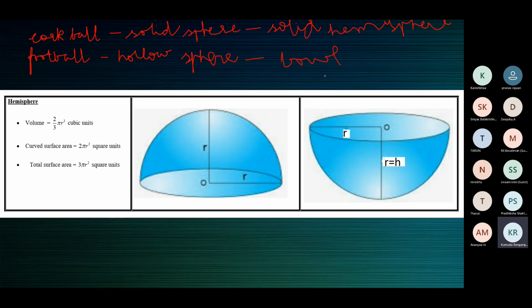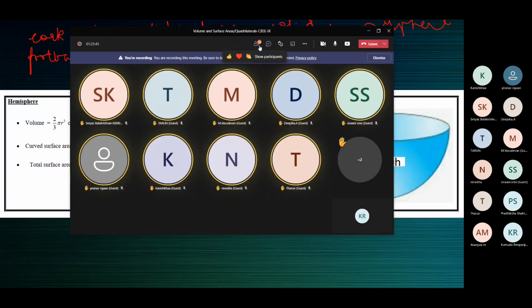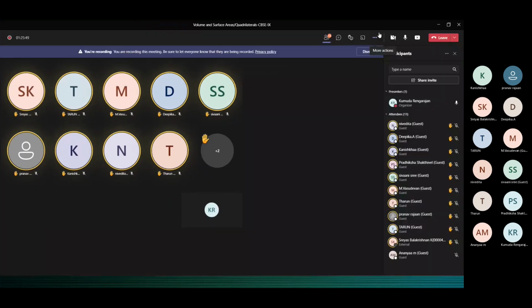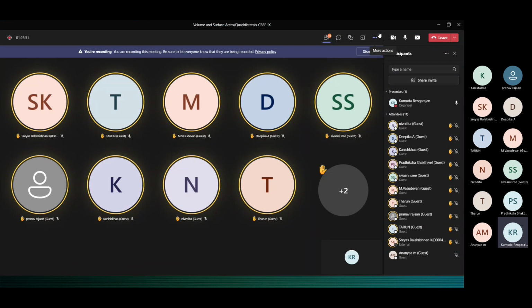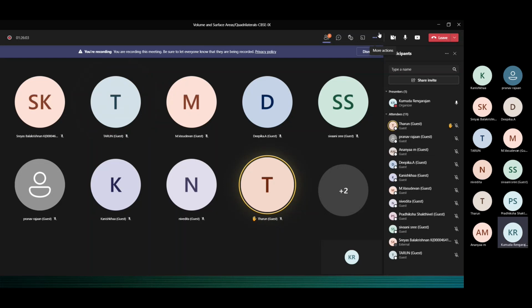All right. Class, lower your hand. Tarun Ishwaran, lower your hand.